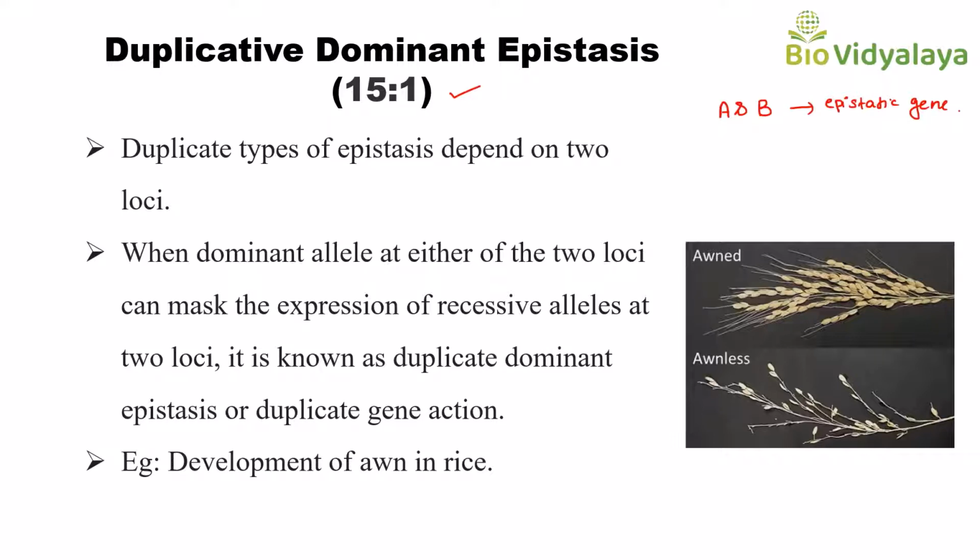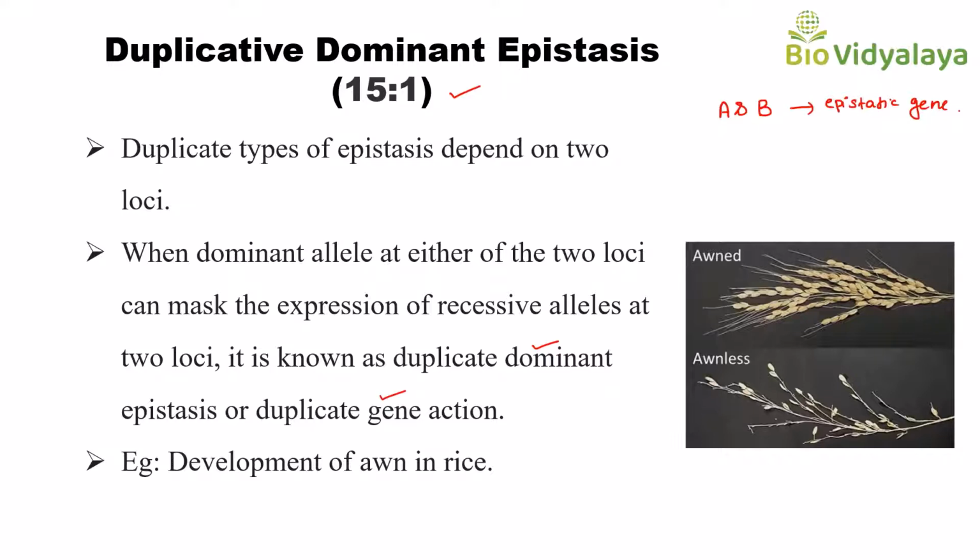When the dominant allele at either of the two loci can mask the expression of recessive alleles at the two loci, it is known as duplicate dominant epistasis or duplicate gene action.